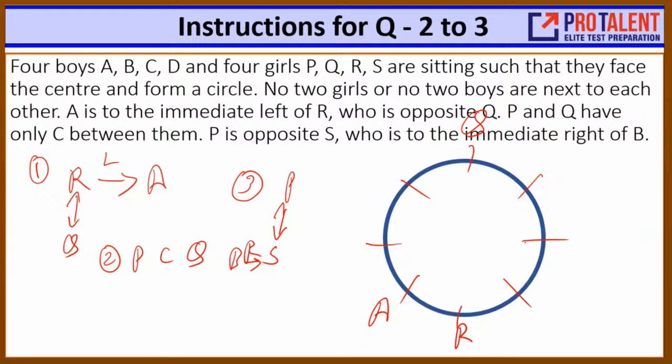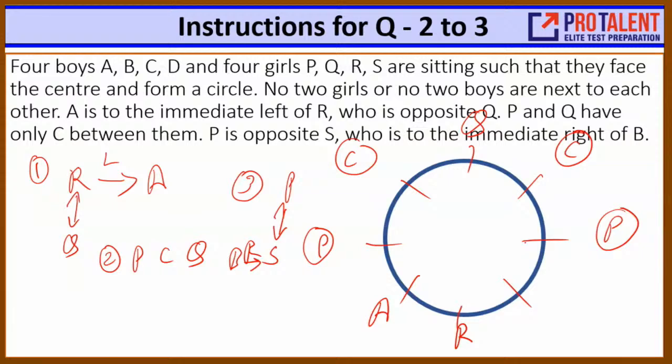So either P would be here, or P can be here, and hence C will be here. I am not very sure of it, but we know that P is opposite S, who is to the immediate right of B. So immediate right of B, in that case how is it going to work?